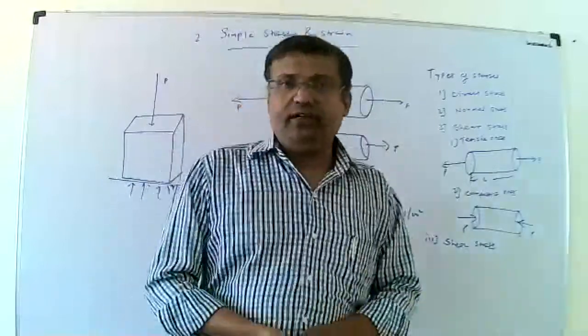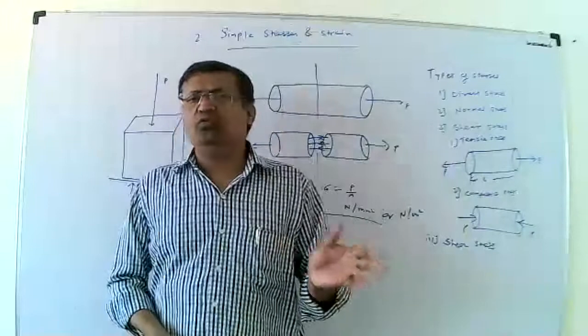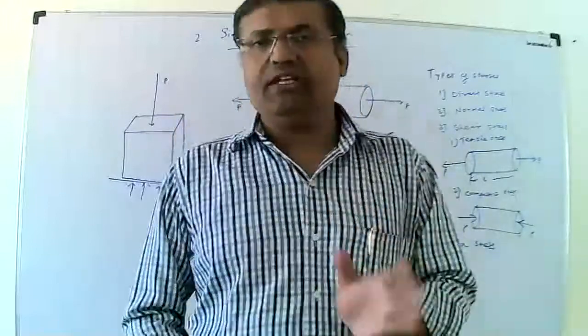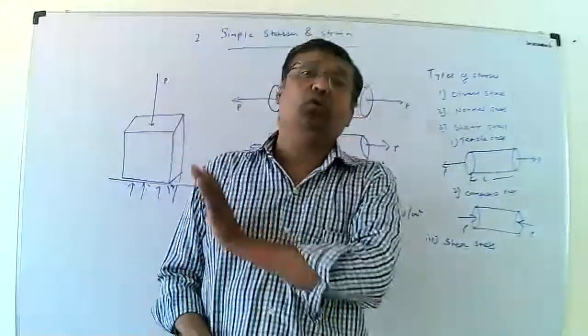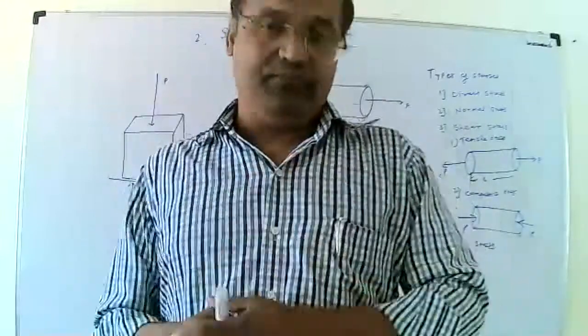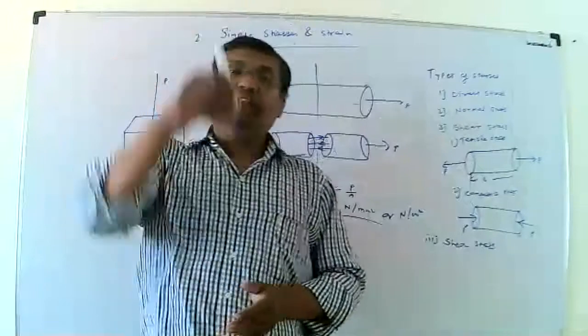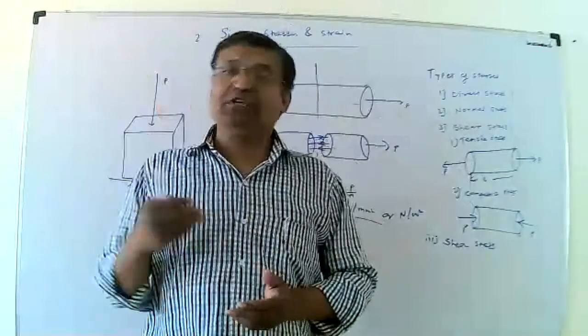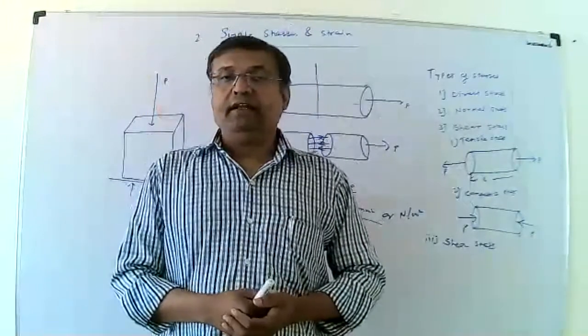Then what is an eccentric load? An eccentric load means a load whose line of action does not coincide with the axis of the member. For example, a column: the load will act away from the center of the column.